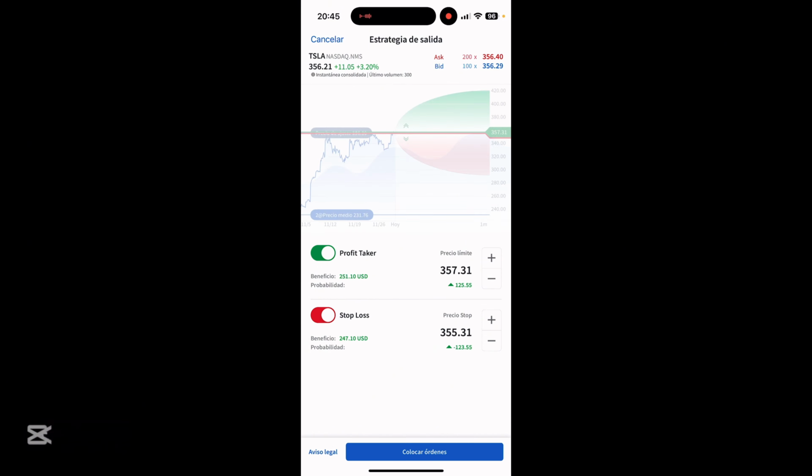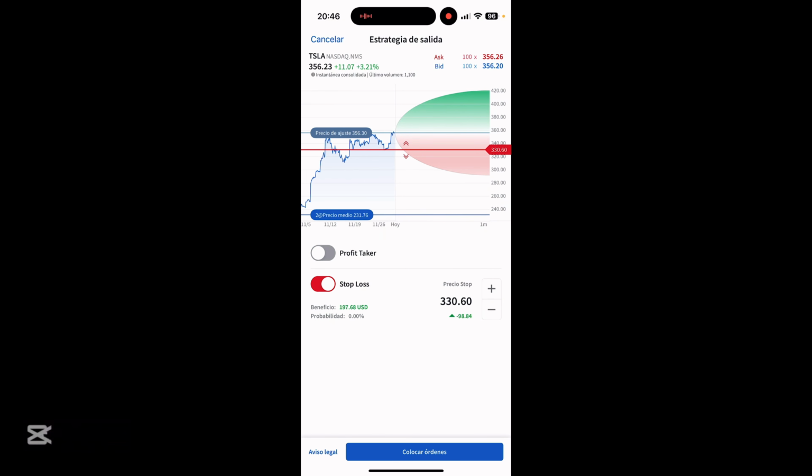And you'll see that if we press exit strategy, you'll find basically the profit positions and also the exit strategy. So I actually had this at 310, which will yield me a profit of 157, which is very nice. I would actually increase it here to this point, giving me a profit of 197.